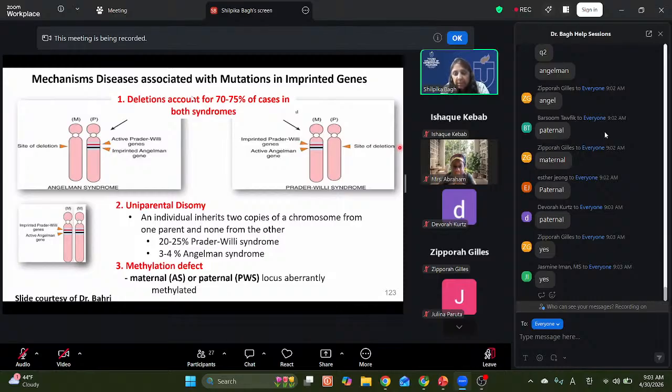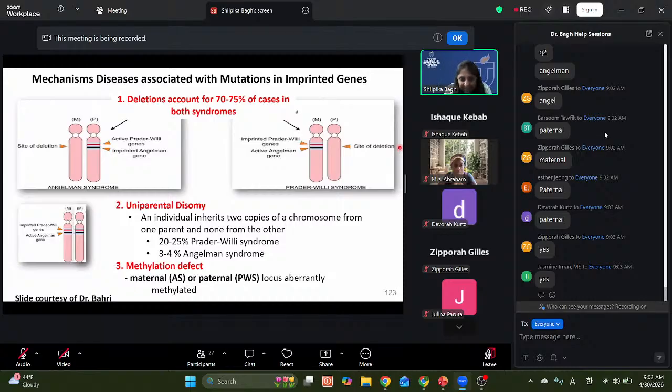So Prader-Willi, paternal intact. That's why there are three mechanisms. Naturally, paternal intact, maternal silenced, so you have to knock out both, right? Three mechanisms: uniparental disomy, methylation and silencing, and deletion.